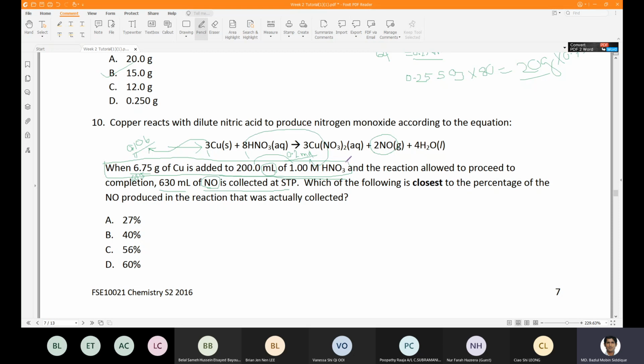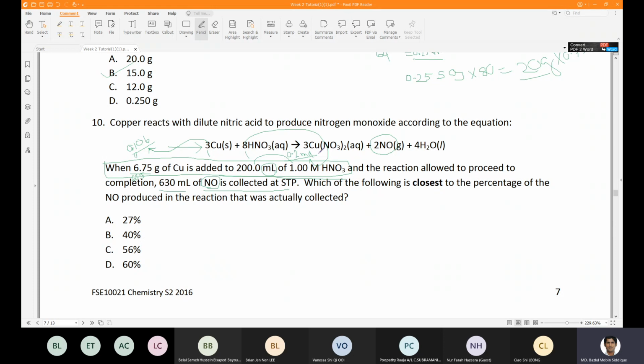So which one is smaller? 0.106 by 3 is 0.035, and then here it is 0.2 by 8, which is 0.025.